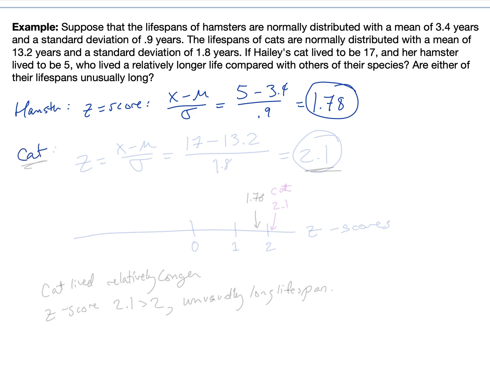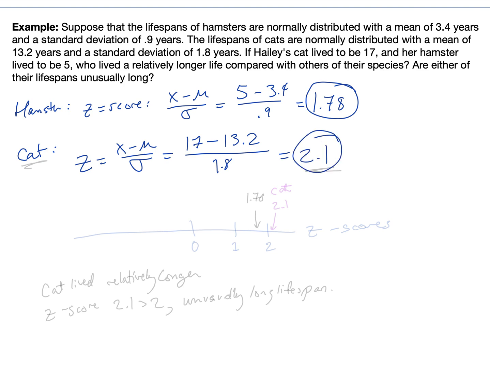And for the cat, z is equal to the data value minus the mean divided by the standard deviation. And that's equal to 17, the data value for the cat we're interested in, minus the mean for the distribution, 13.2, divided by the standard deviation, 1.8. And we could calculate that out to be 2.1.